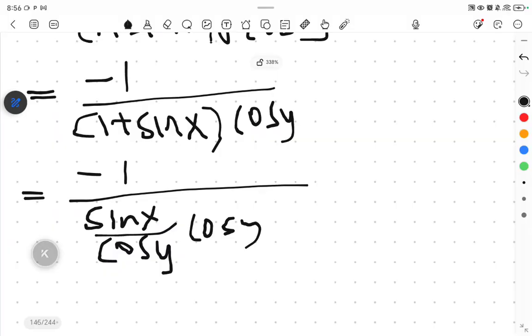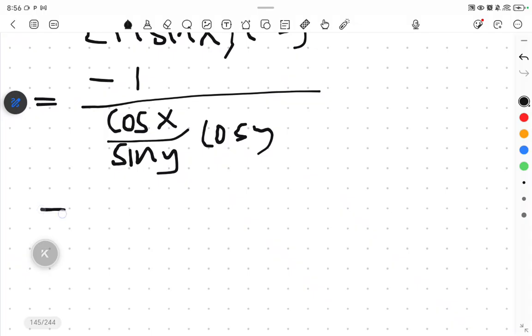Cos x over sin y. So this would mean that we know that cos y over sin y would give us cot y times cos x.